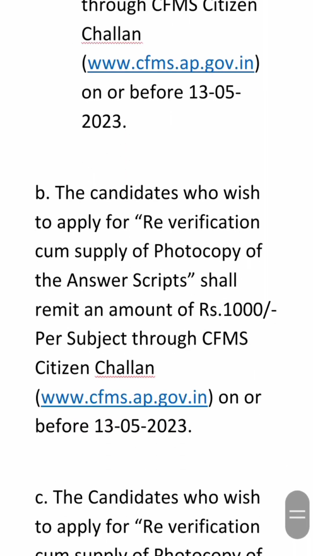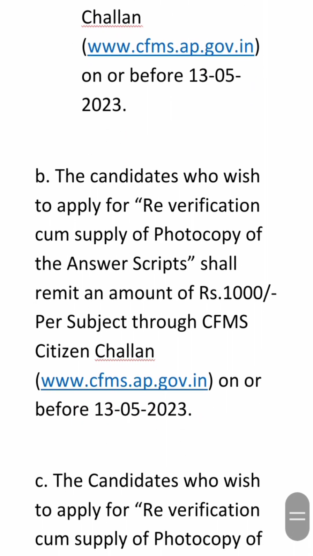The candidates who wish to apply for re-verification cum supply of photocopy of the answer scripts shall remit an amount of 1000 rupees per subject through CFMS Citizen Challan, cfms.ap.gov.in, on or before 13th May 2023.